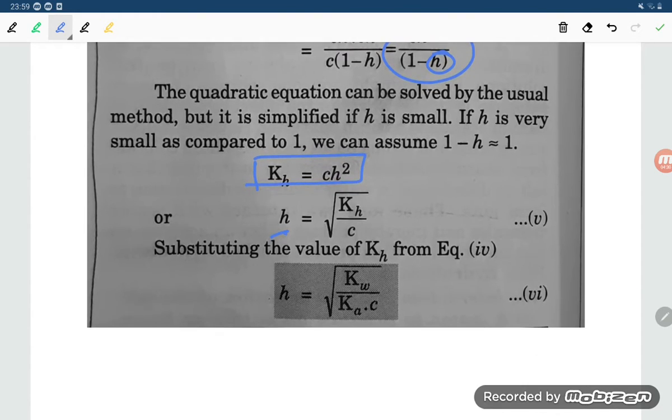So h = root of Kh/C. Now Kh, which we got for a salt of weak acid and strong base, is Kw/Ka. So h = root of Kw/(Ka C). This is the degree of hydrolysis.